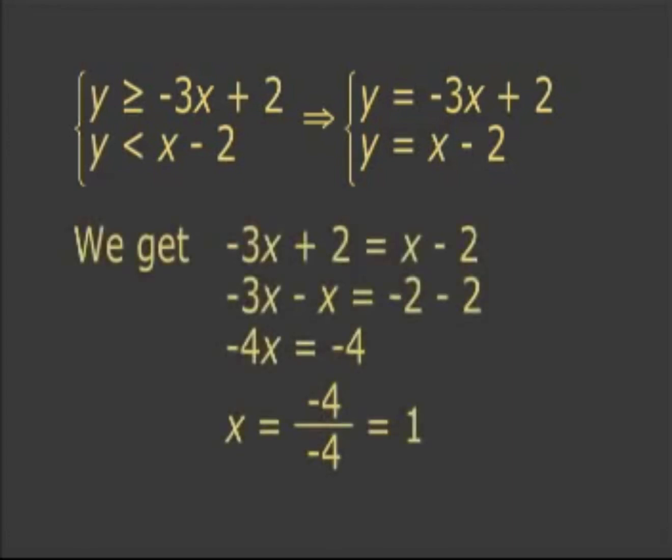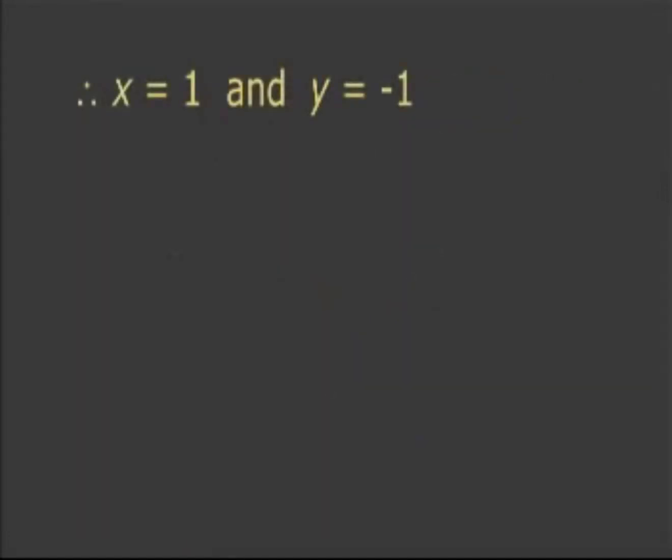When we isolate x, we find that it is equal to -4 over -4, or 1. Therefore, x equals 1 and y equals -1.